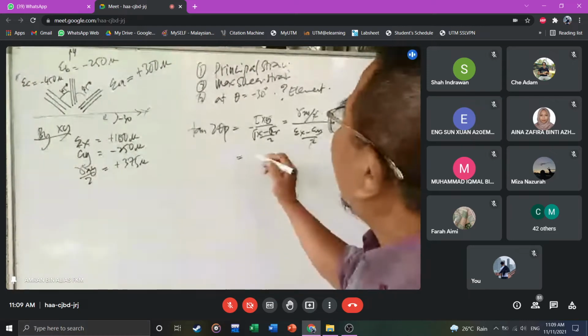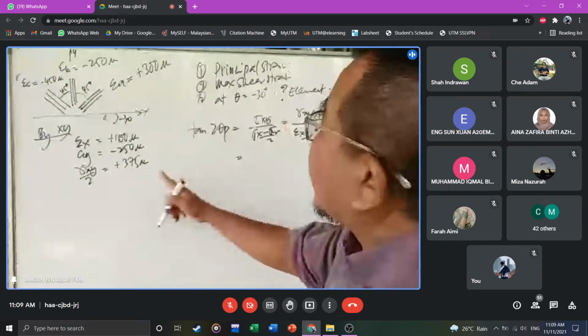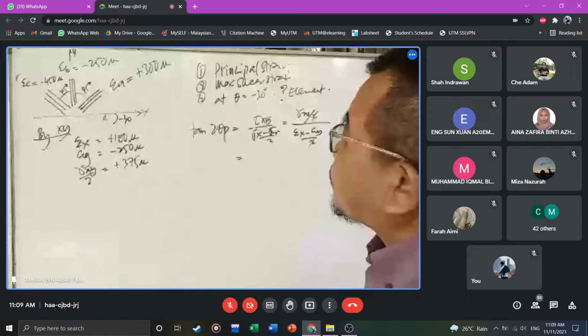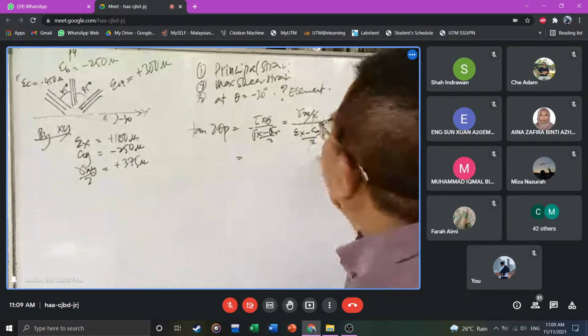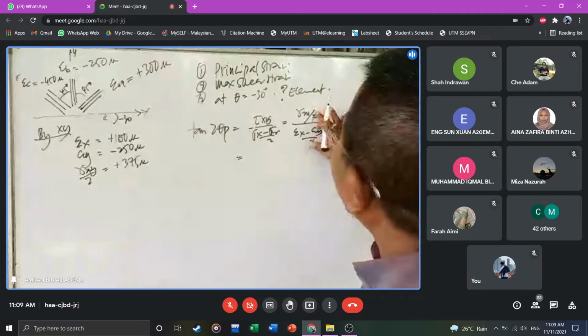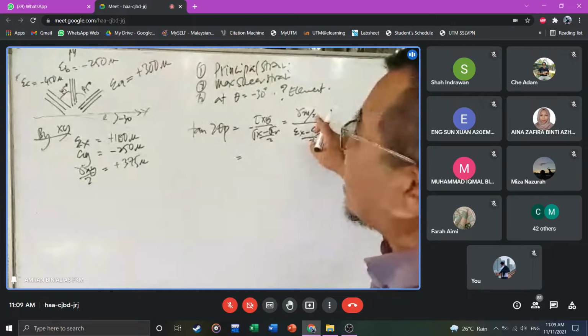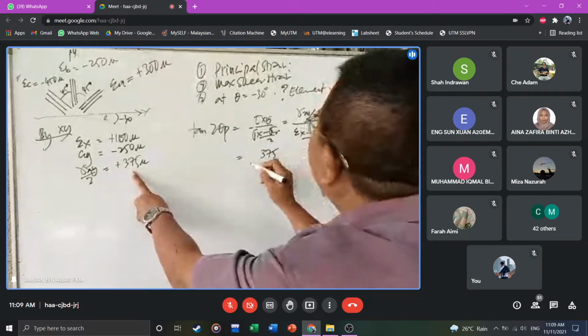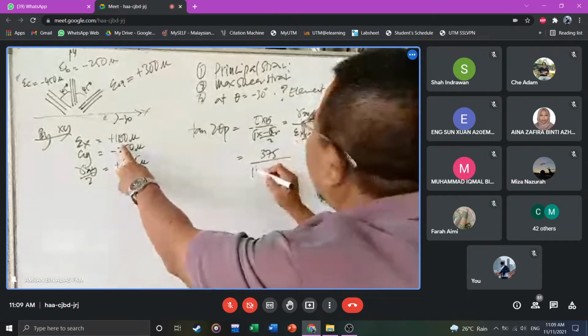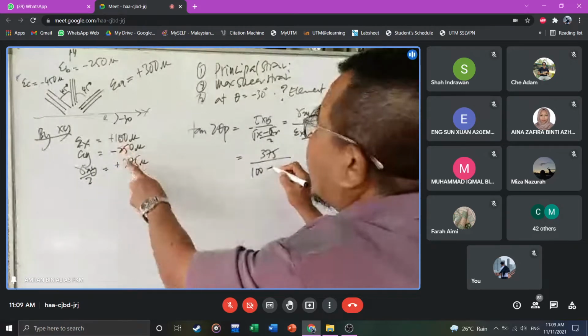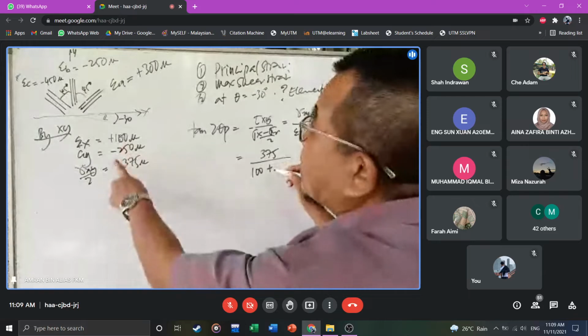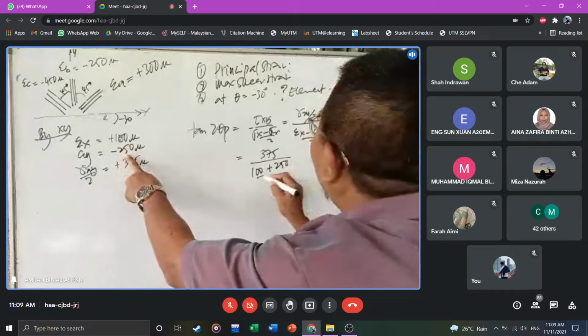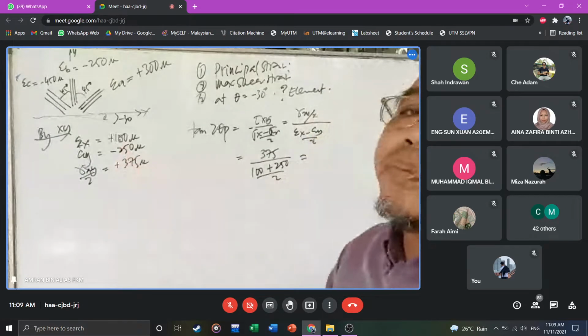Yes. So gamma xy over 2 is 375. If you don't have the 2 there, don't worry, just put it in. EX is 100 minus negative 250, over 2. So what is the value there?